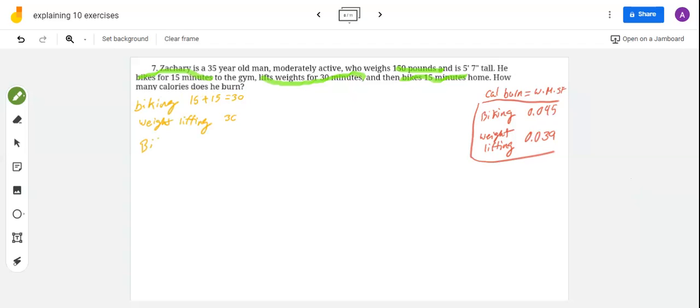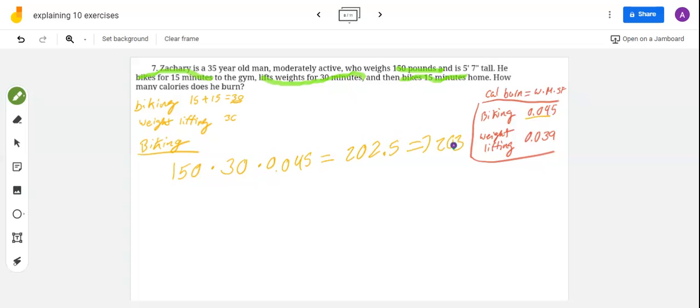So biking, right here would be, so he's 150 pounds, so 150 times, he went biking for a total of 30 minutes, so 30 times scale factor, which is right here, so times 0.045, which is going to equal 202.5, which if you scale it up, what you really do want to do is going to be 203.